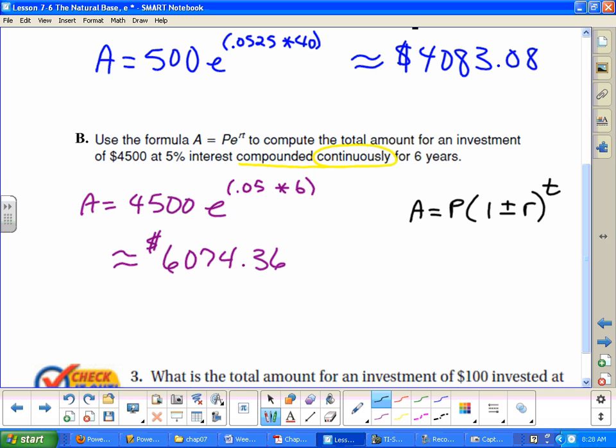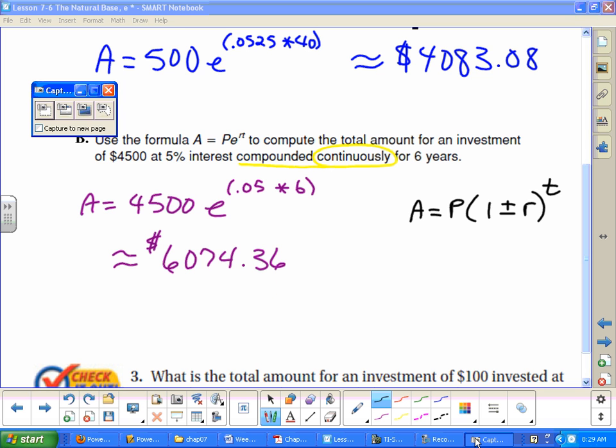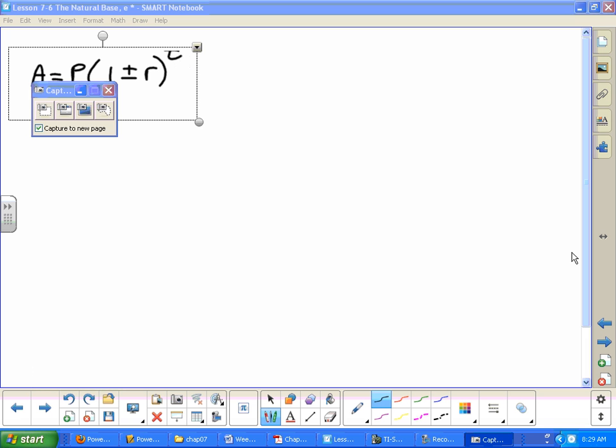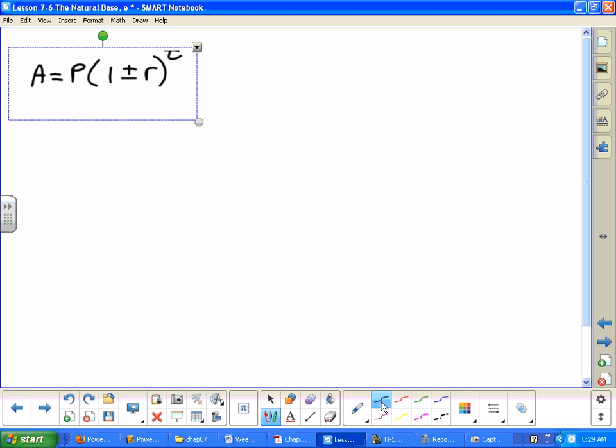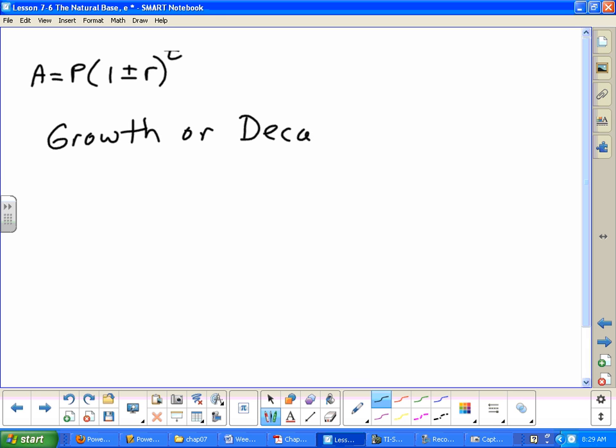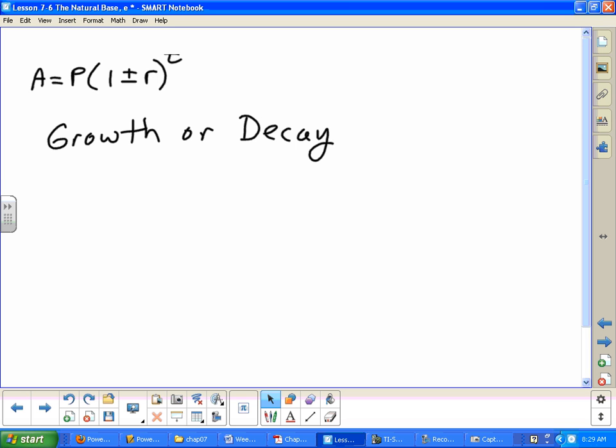And we used that when we were doing either growth or decay with this formula here.